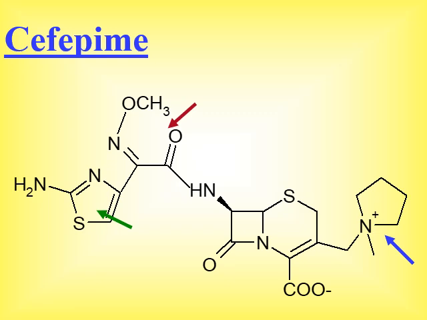The red arrow shows the group specific for the second generation, the green one shows the group specific for the third generation, while the blue one shows the quaternary ammonium specific for the fourth generation. This compound also is given parenterally.